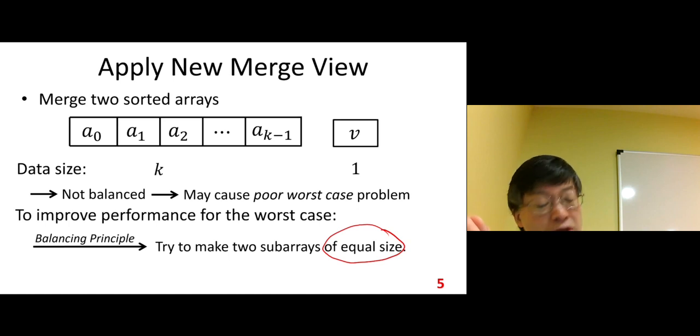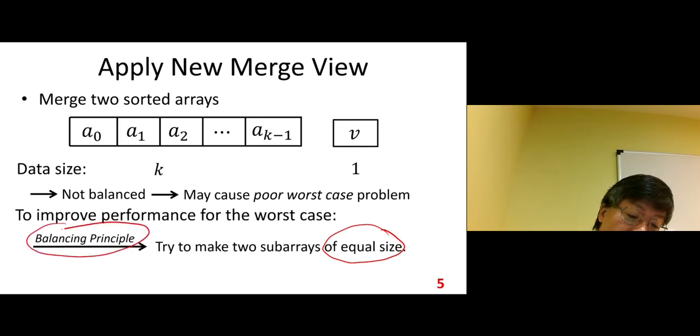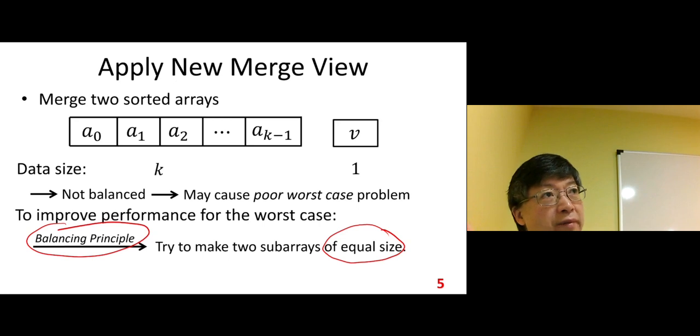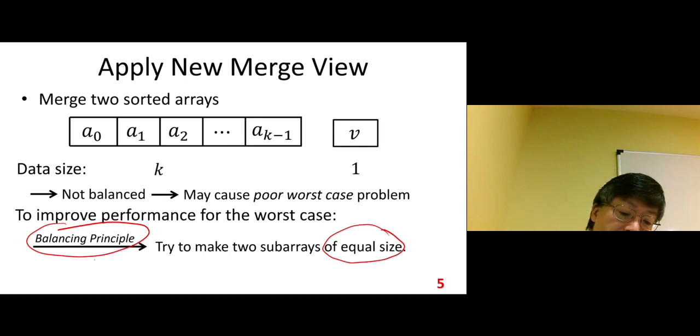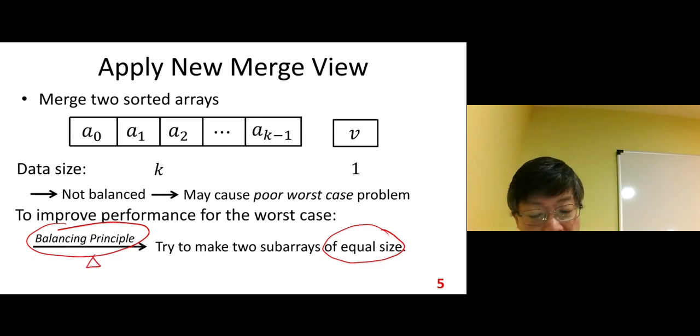That can be done easily, right? That's based on the balancing principle. We learned it from the fake coin problem, which teaches us this important principle. So we use it here.